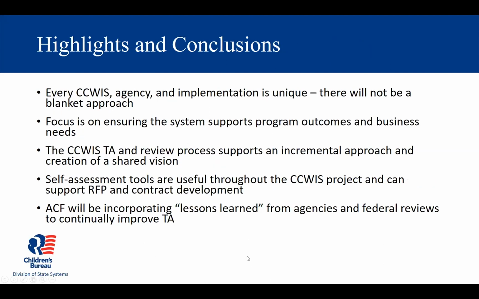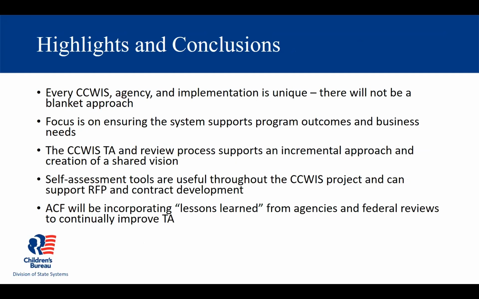Next slide, please. Highlights and conclusions. So again, these key themes: we want the process to be flexible so that it can adapt to different CCWIS models and implementations. We've emphasized the importance of involving program staff and stakeholders to demonstrate how their ongoing feedback is being utilized to impact the system and how it's developed.